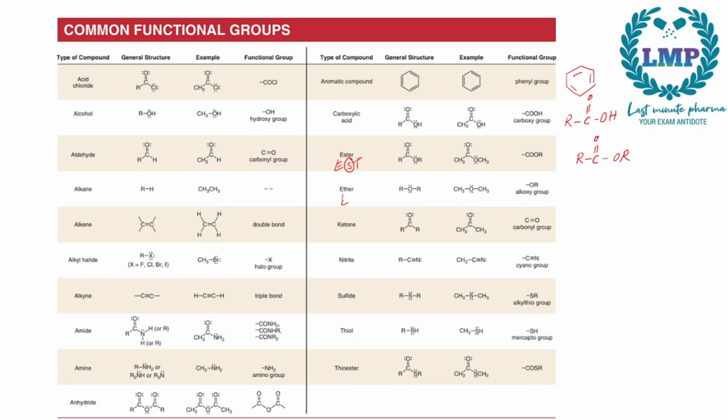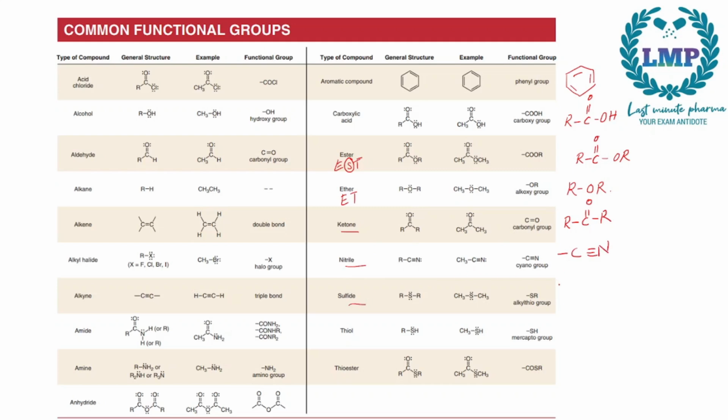For an ether, we have E and T very close to each other, so R will be attached to OR. For a ketone, we have R C double bond O R. For a nitrile, we will have C triple bond N, and to complete the valency, another bond over here.